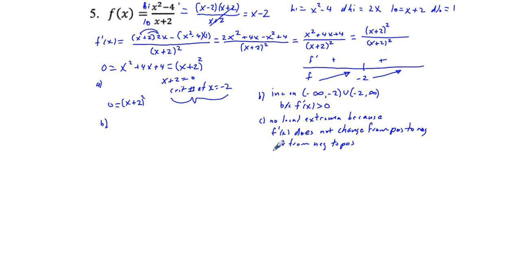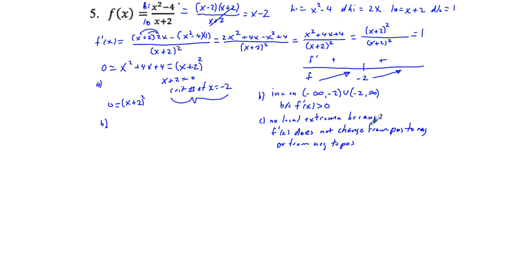Okay, determine intervals where concave up, concave down, justify. Well, really, we're talking about a line because this whole thing is going to simplify to 1, or at least the slope is going to simplify to 1, except at x equals negative 2.